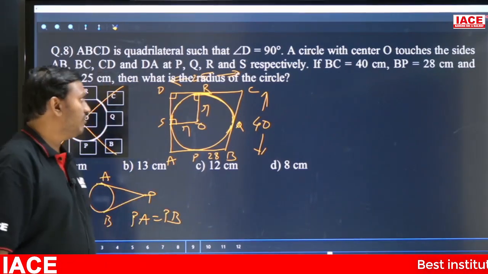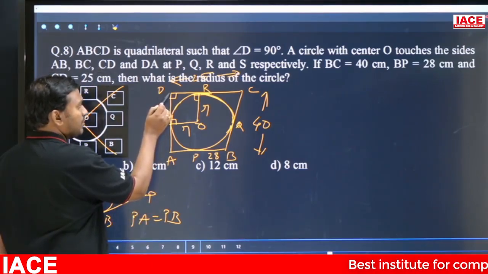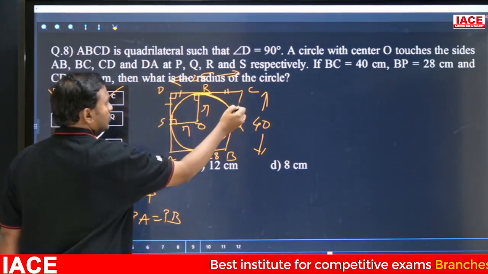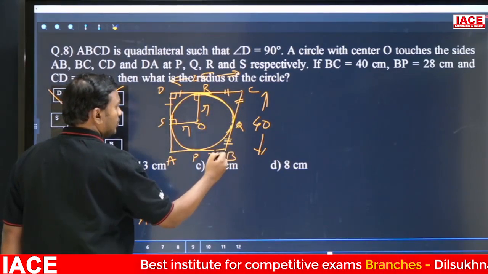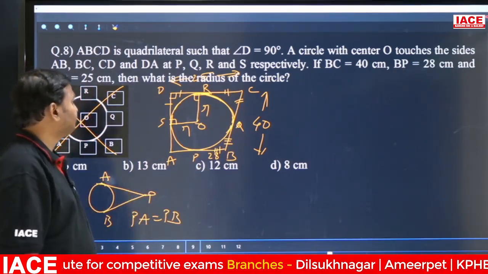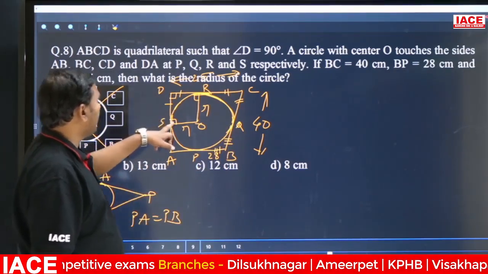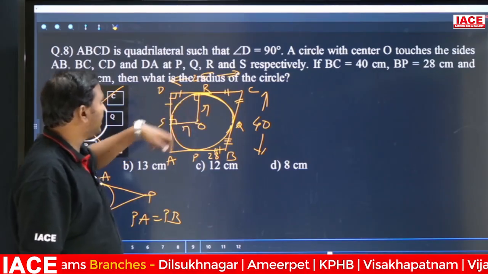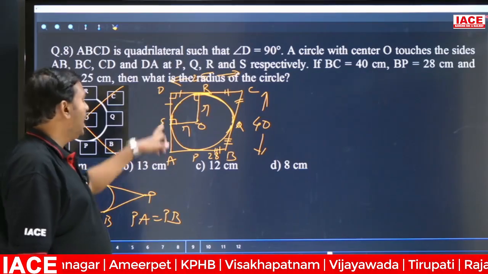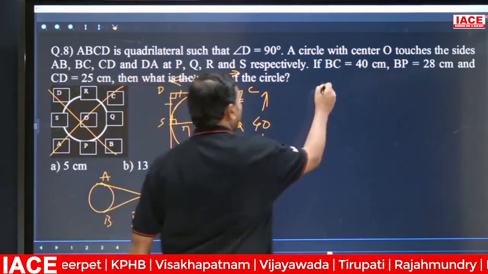Here also two sides are equal. Now you see, here it is forming this side and this side, all angles are 90 degrees, and side by side lengths are equal and each angle is 90 degrees, so immediately what happens?